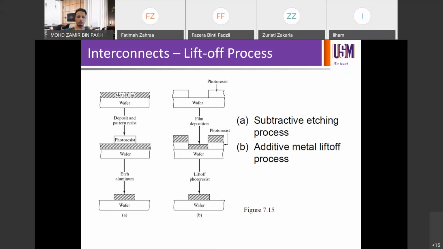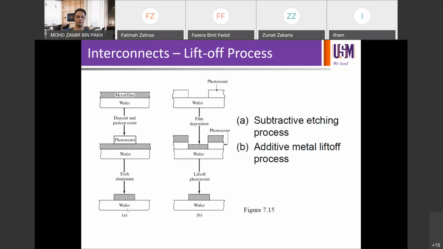So then you have your contact like this. Okay, so you are left with this aluminum, for example, pattern on top of your wafer. So that's called the subtractive etching process.